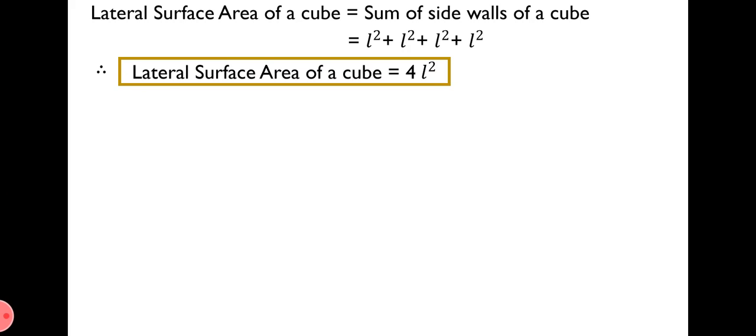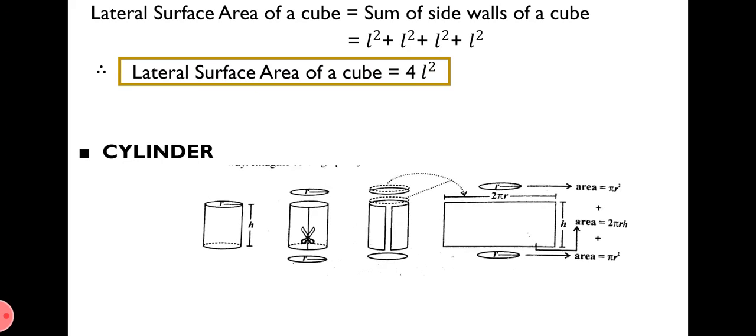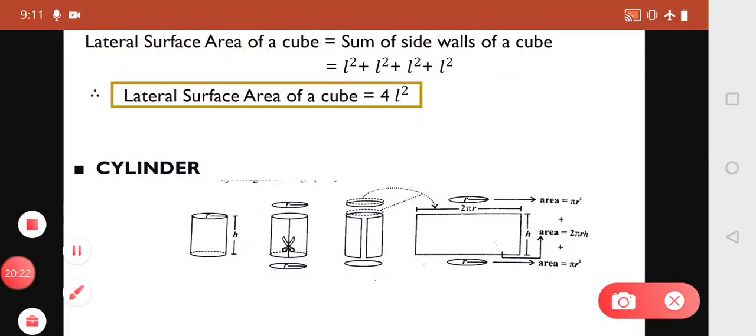And the third solid shape is the cylinder. Now when we talk about the cylinder, here you can see that when we cut it open, the top and bottom are circular parts, which we have already discussed: the circular top and circular base with R as radius.